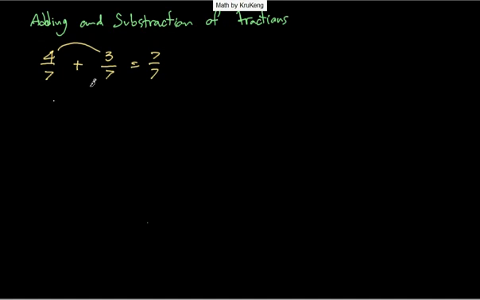But if we don't have the same denominator, we have to make it to be the same. We call it common denominator.